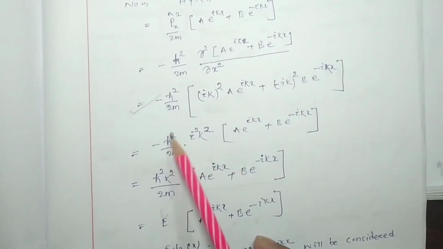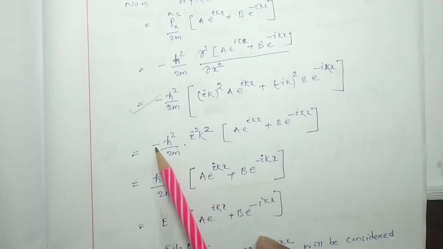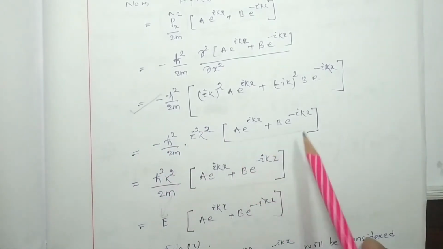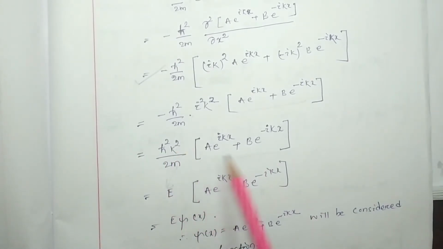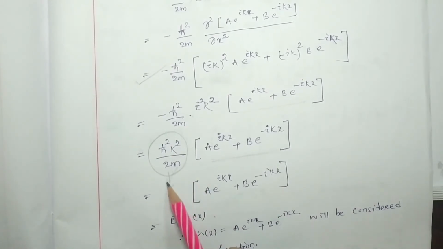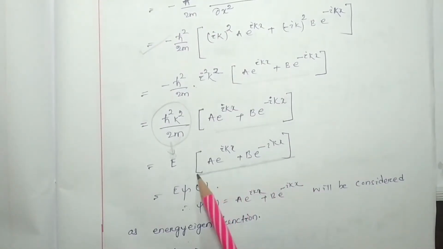So i squared k squared can be taken outside. This will be minus h cross squared by 2m into i squared k squared, which equals h cross squared k squared by 2m times this one. That means this is the dimension of the energy, or we can say this is the eigenvalue of the energy, and we found the same wave function at last.